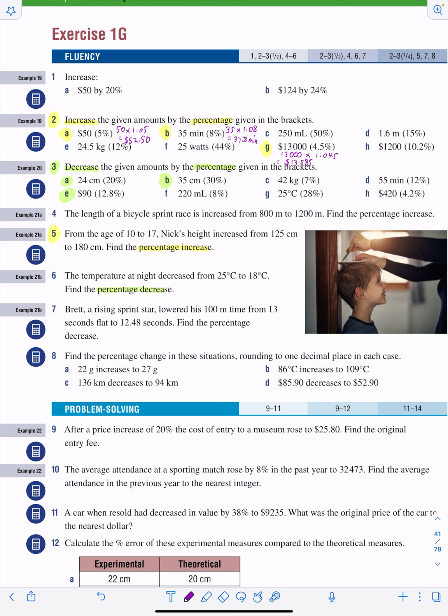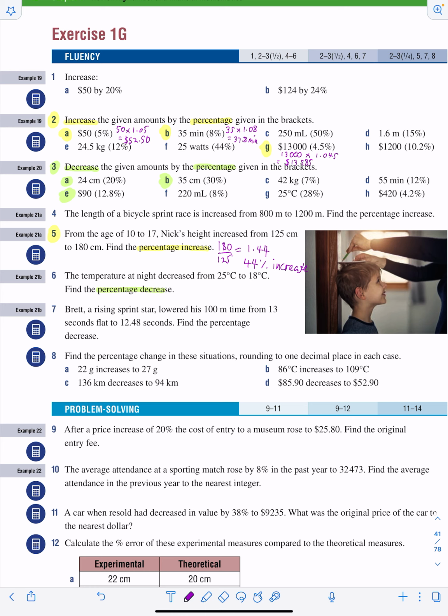So in this question, we do 180 centimetres divided by 125 centimetres, and that answer will give us 1.44. This means that he's 144% compared with before. So he's actually 44% taller. So there's a 44% increase in Nick's height.